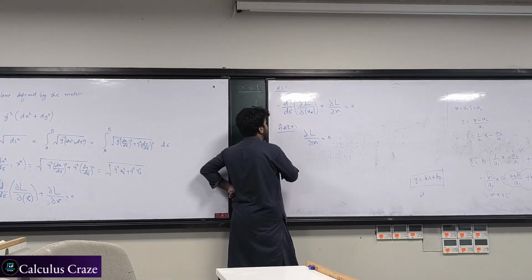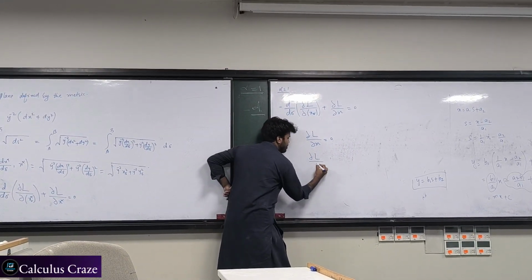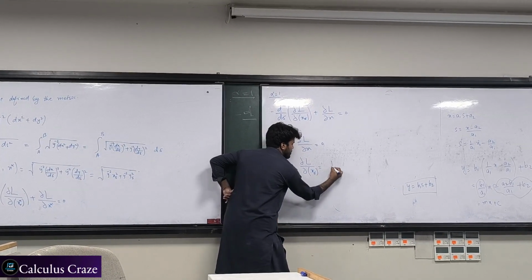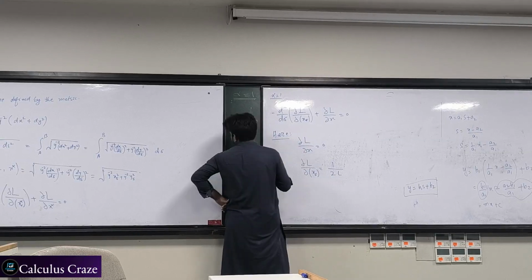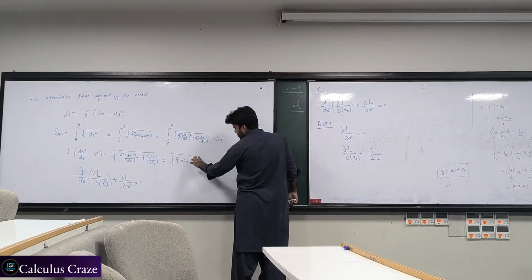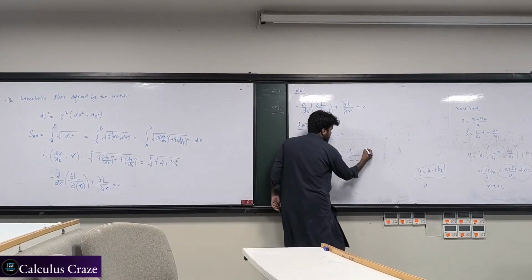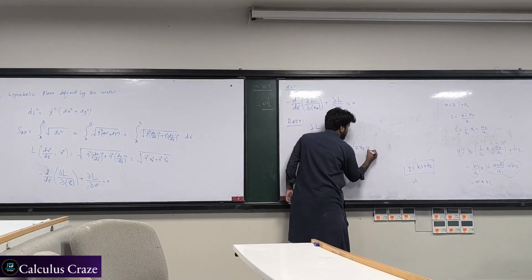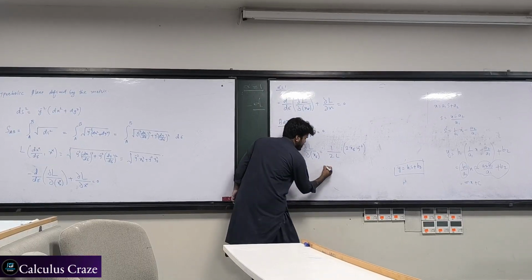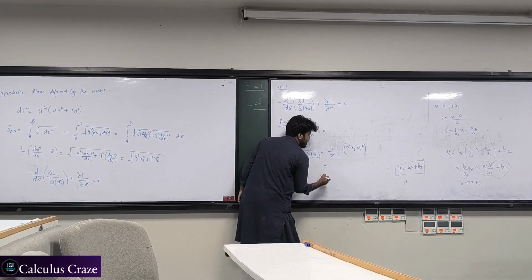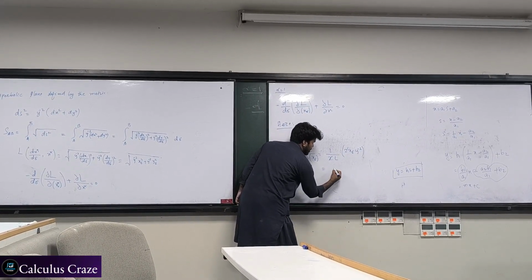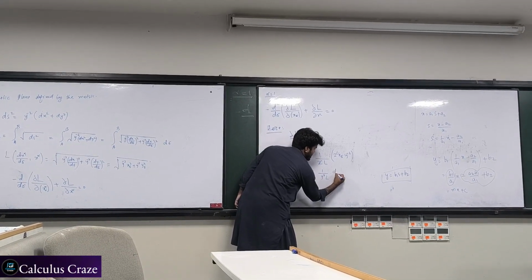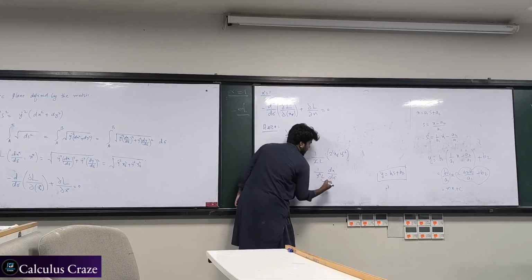Then I need to compute the partial derivative of L with respect to x sigma. This should be 1 over 2L times the derivative of this by the chain rule, so 2x sigma times y to the minus 2. The 2 cancels, so we get 1 over y squared times L multiplied by dx by d sigma.